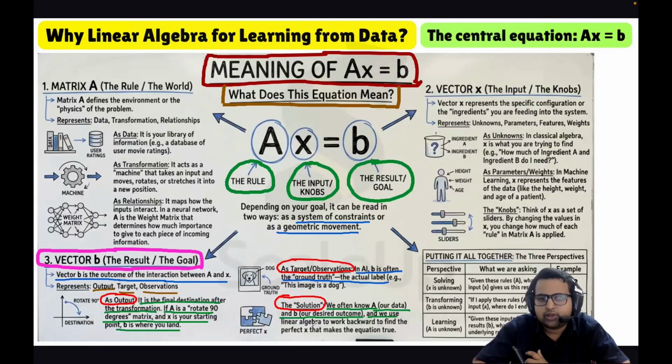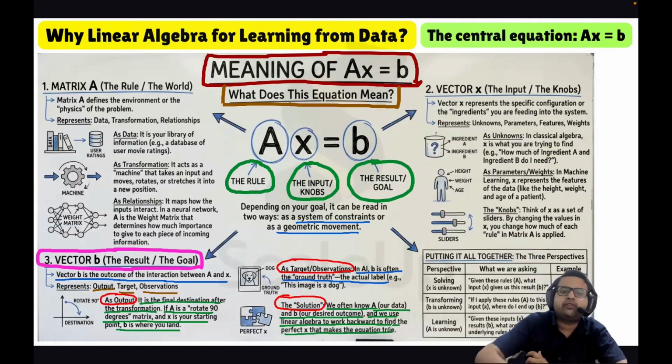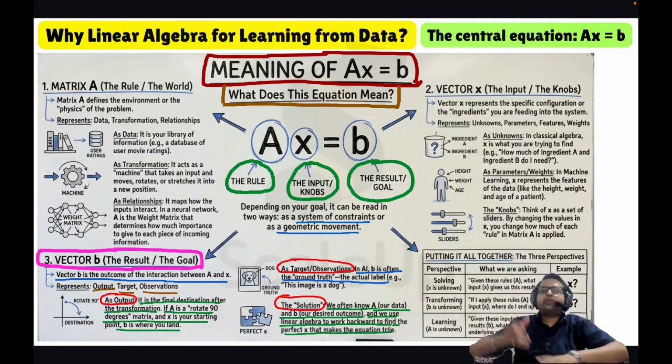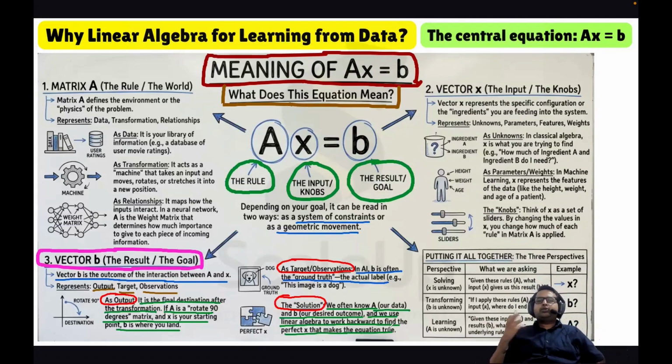And we use linear algebra to work backward to find the perfect x that makes the equation true. So we know the solution, we know the matrix A, and using linear algebra, we will calculate x, because vector x can be an unknown.